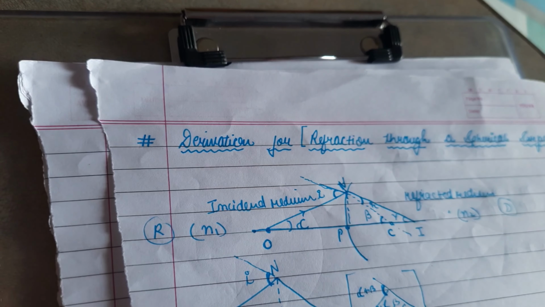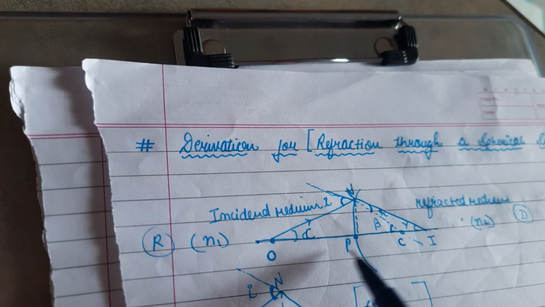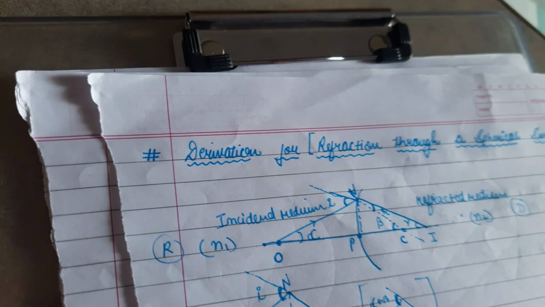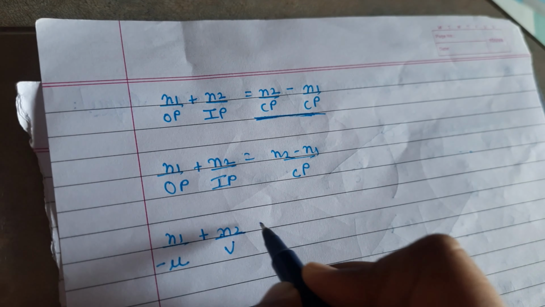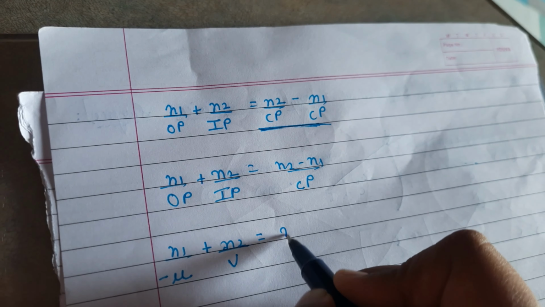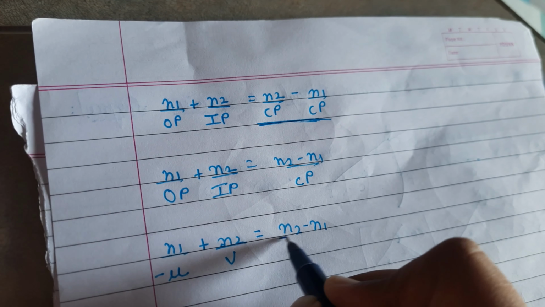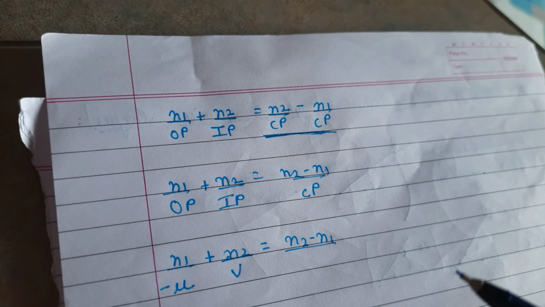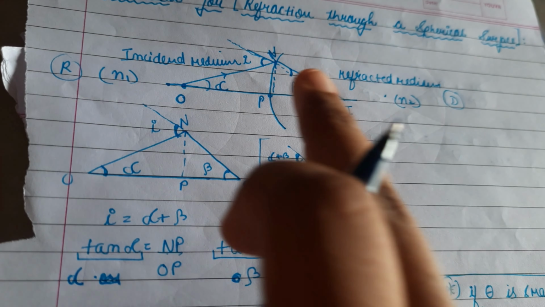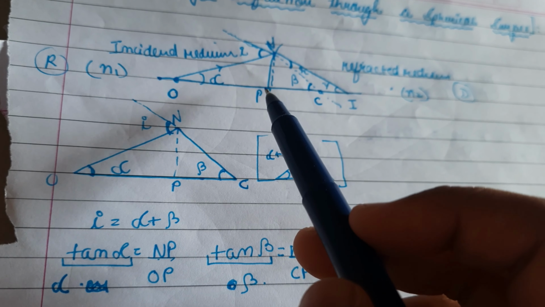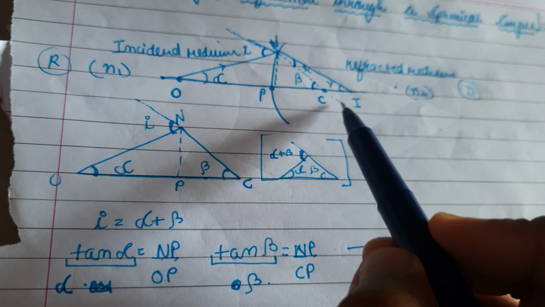We'll see the diagram, and we have IP, right? So what is IP? It's the image distance. Image distance is positive over here, and n2 minus n1 upon CP. So what is CP again? CP is nothing but the distance between the pole and C, and C means the center of curvature, so PC equals R.